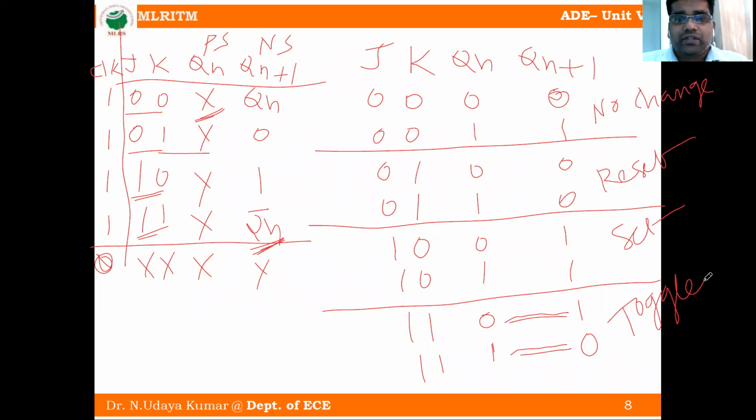Okay. So from this, we can derive the equation of the next state, Qn plus 1. See here, it is 3 variables. What are the variables? J, K and Qn, the present state. So by using the 3 variable K map, we can find the equation for JK flip-flop. Now we will draw the 3 variable K map. So this one is the 3 variable K map.